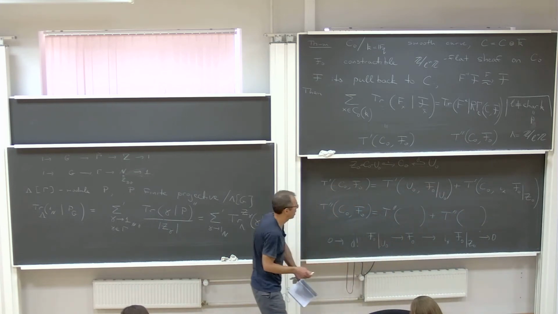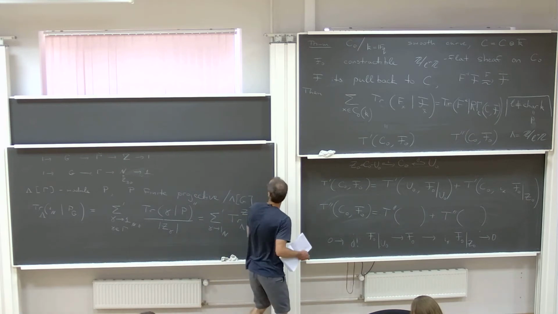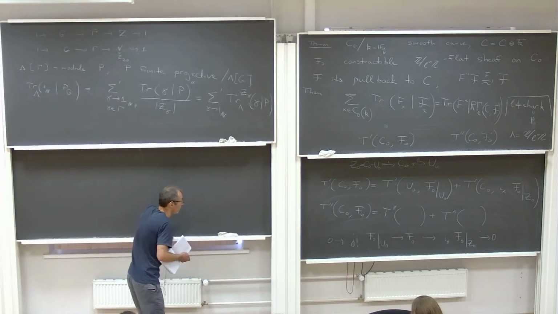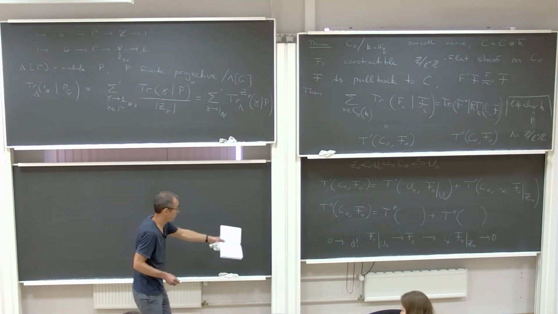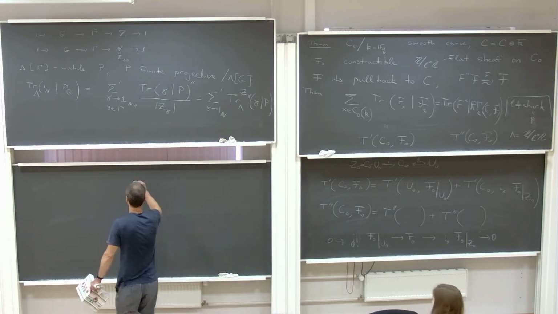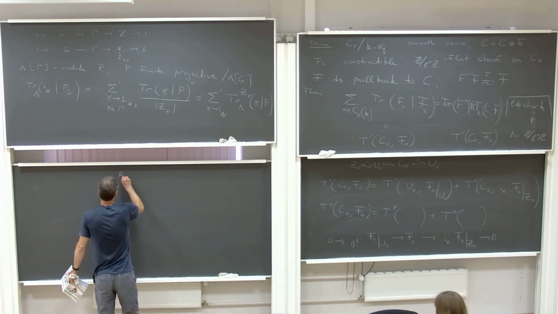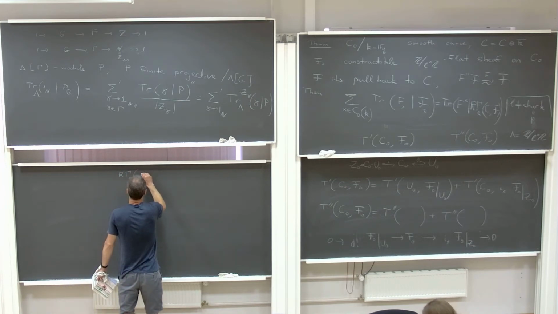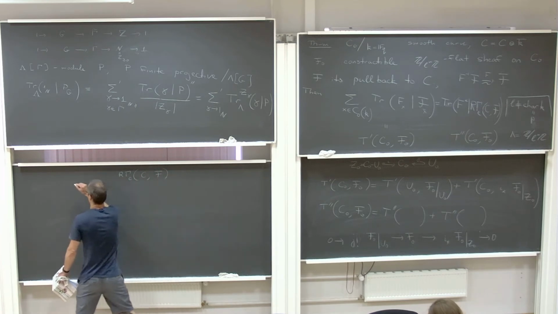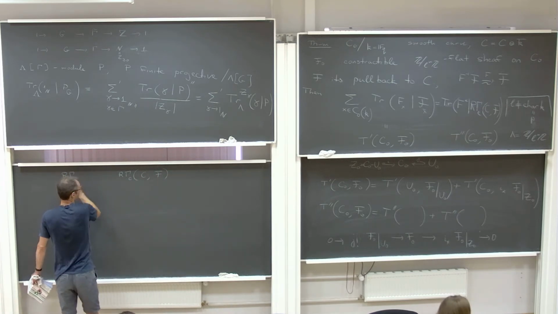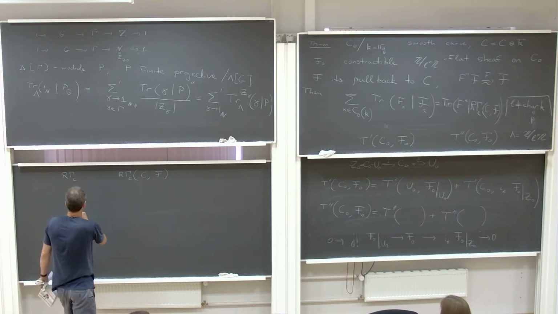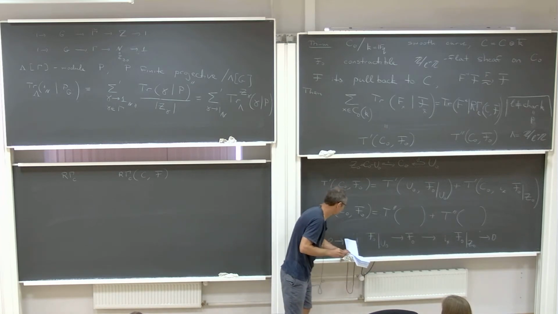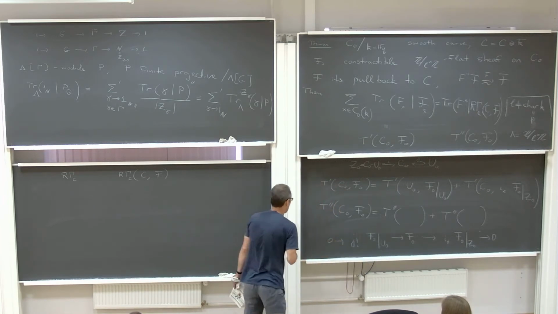and so now, what was the argument? It gives an exact triangle. So you can take C, F, you can take R gamma with compact support of this.